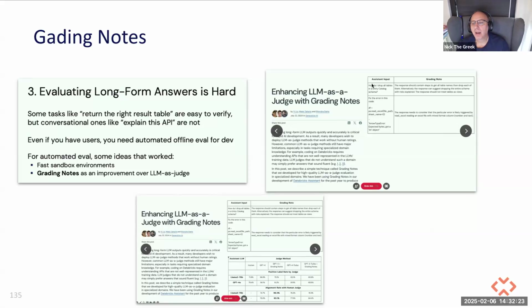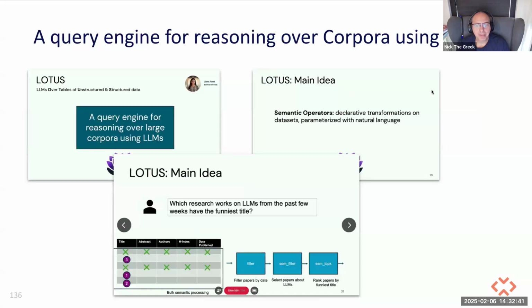So you see here, how do I drop all tables in a Unity catalog schema? You take different queries from your logs, and here you annotate them by giving instructions.